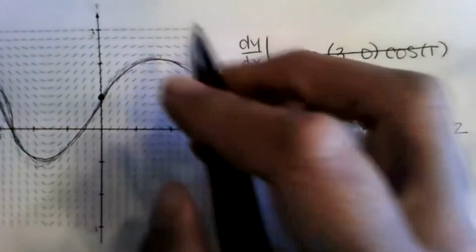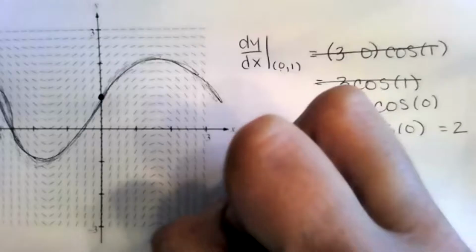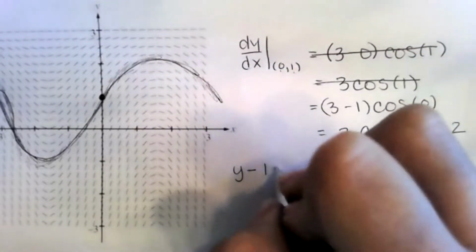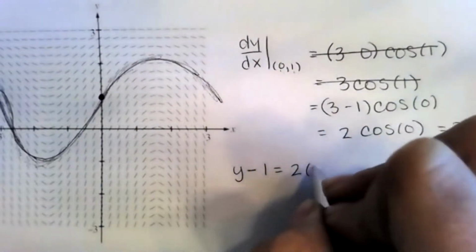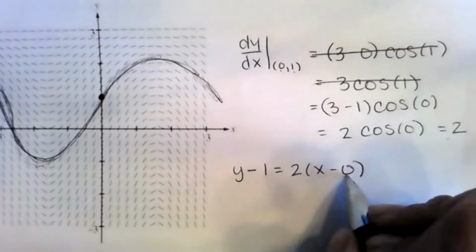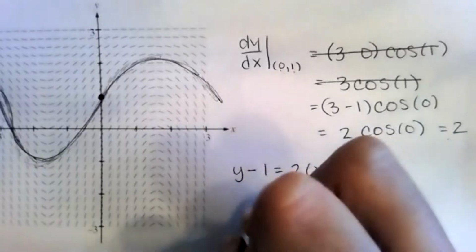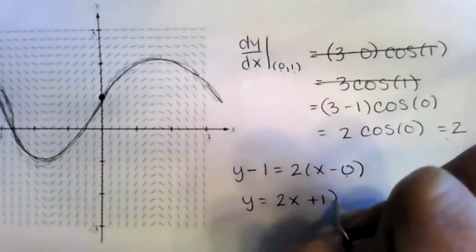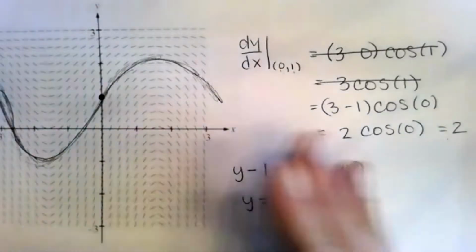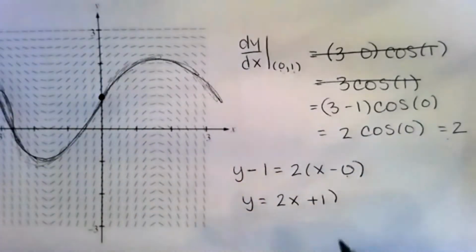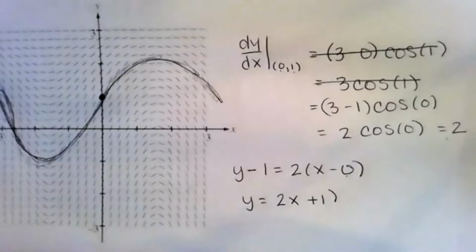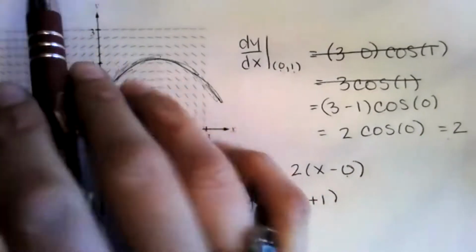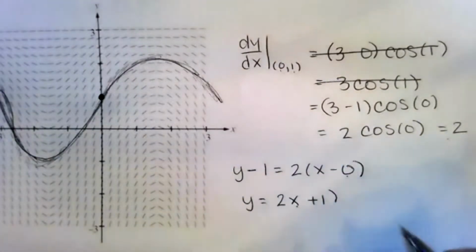So then my equation of a tangent line is y minus y1 equals slope times x minus x1. So you get y equals 2x plus 1. So we're like, all right, I got this. And then it says approximate at 0.2. So that just means I'm plugging 0.2 in for x.